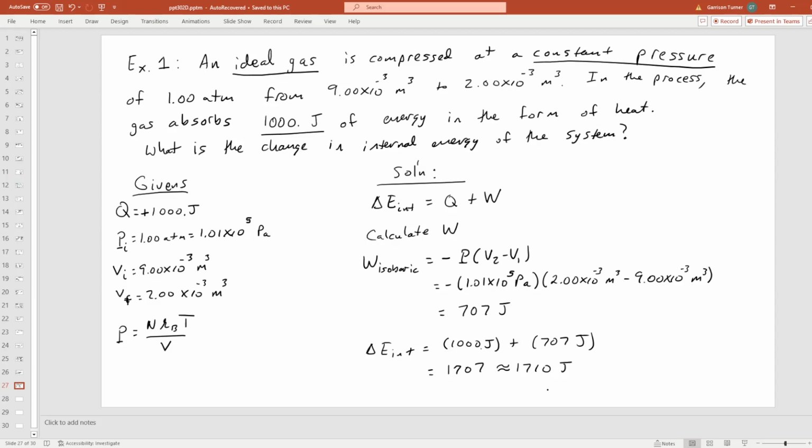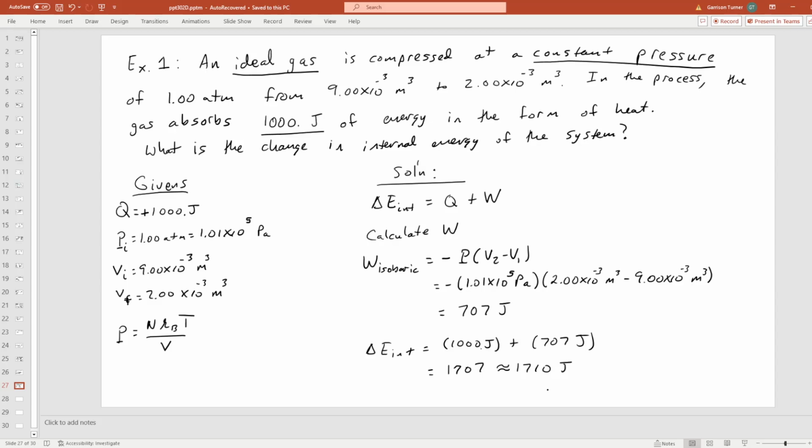But your processes don't always have to do that. Your processes can certainly decrease the internal energy, especially if you're letting the gas do some expanding while you are putting energy into it through heat.